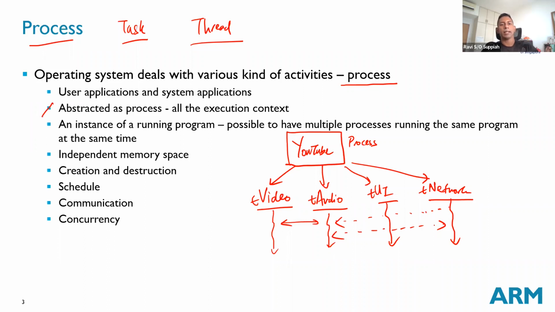All right, and at the same time, you can also have multiple processes running the same program at the same time. An example of this is when you open up Microsoft Word many times. Each one has its own document, but still there's only one Microsoft Word installed.